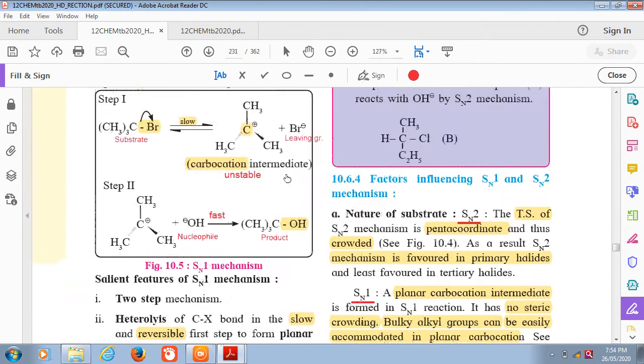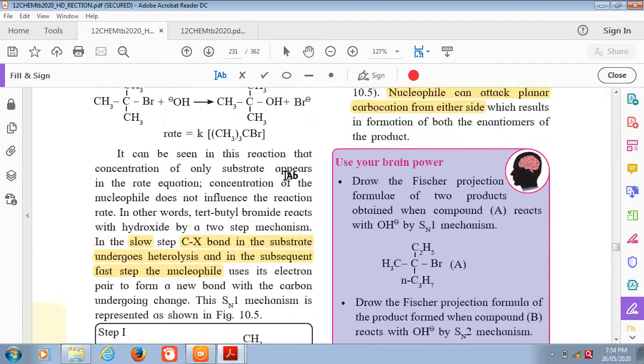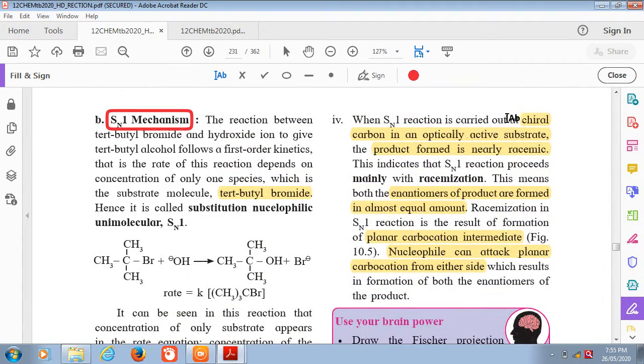So now to see the next point, when we carry out this Sn1 reaction with a chiral carbon, meaning a carbon having 4 different groups, that is, an optically active substrate, the product formed is nearly racemic, because we just saw that the carbocation is planar and the nucleophile can attack from the front side.